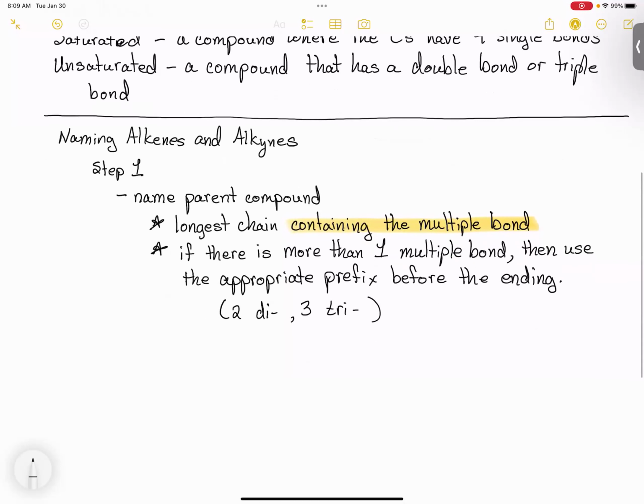So if we're talking about an alkene with 1 double bond, it means that it's going to get just the ending ENE.